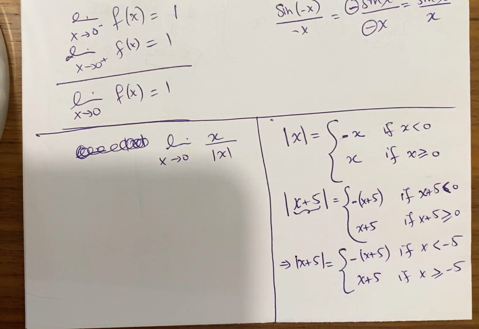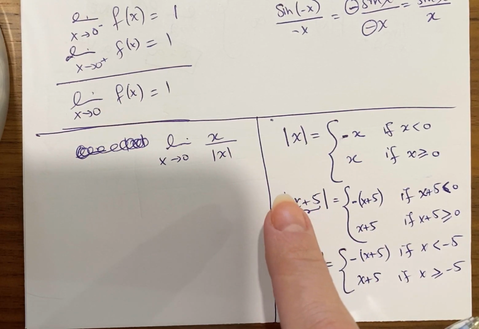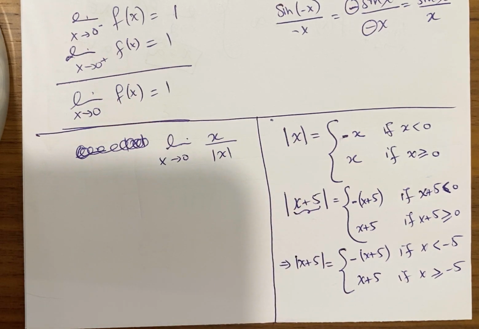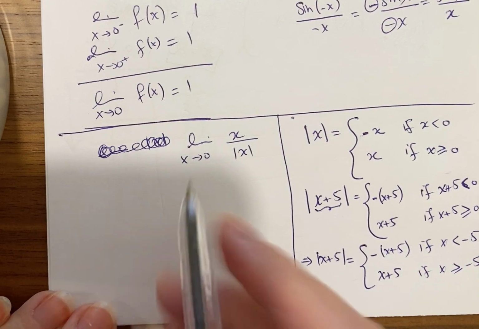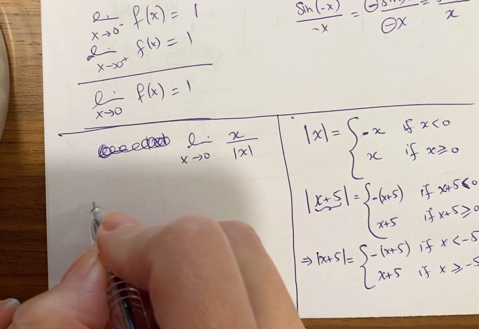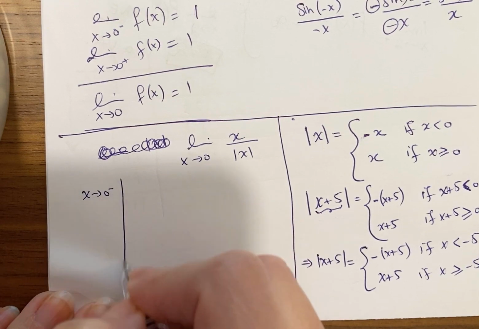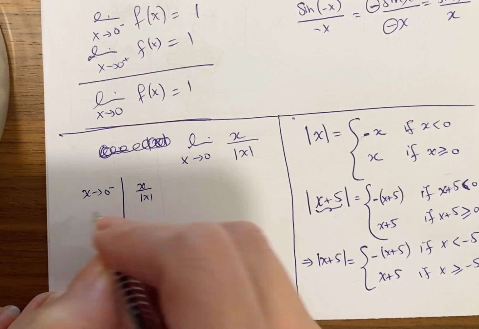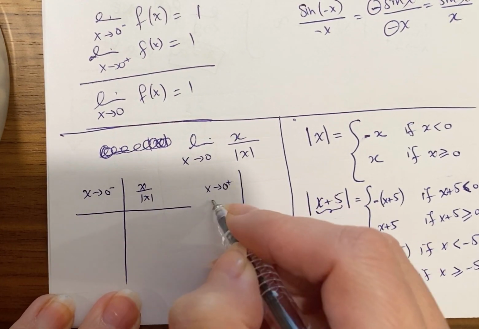Students many times make the mistake and keep it exactly the same, even when something more complicated than x is inside the absolute value. So now, what will we have here? If I want to study the limit around 0, there are, of course, two neighbors of zero: 0 from the left and 0 from the right.